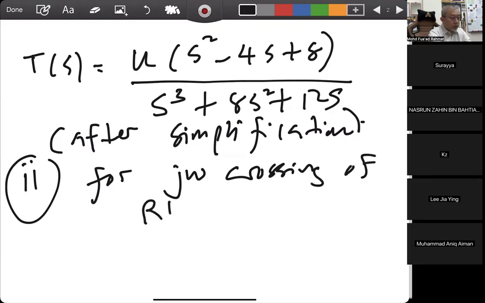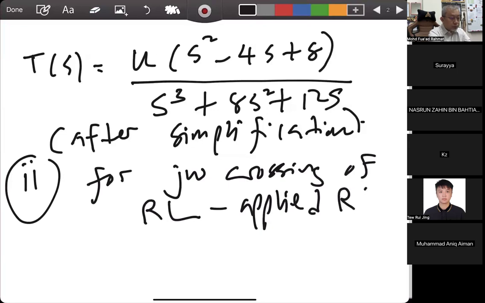Of root locus, apply Routh-Hurwitz. Okay, where the characteristic equations.